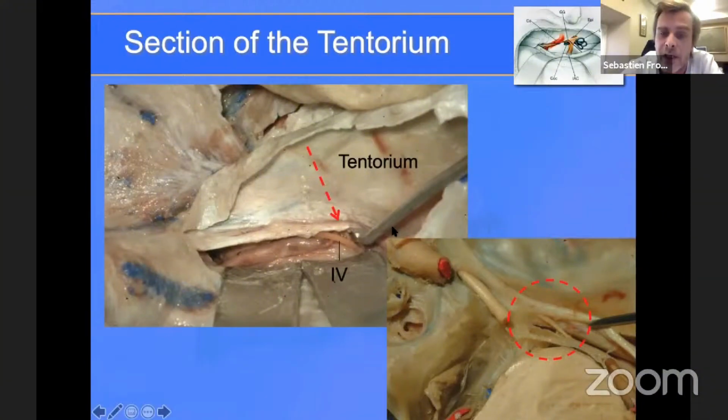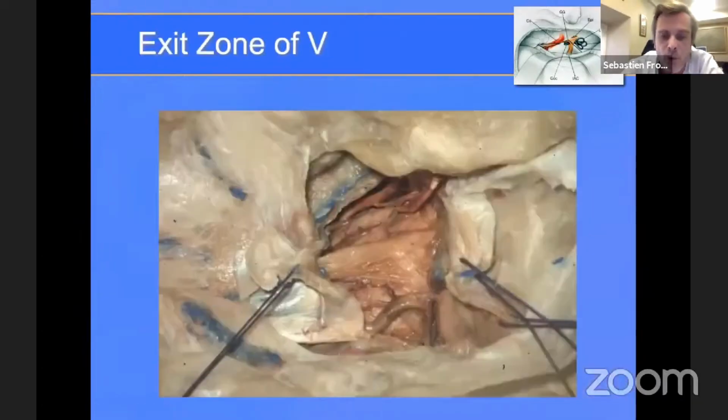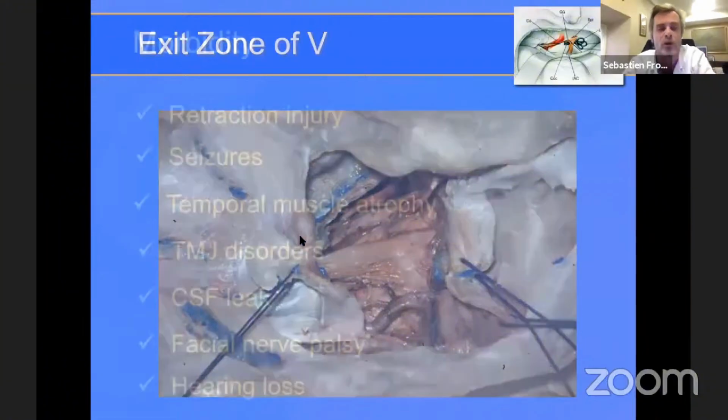If you go too posteriorly, you may not find the free edge because you will cut behind. And at the end, this is the exposure. You have the exit zone of 5, and you understand here that if you want to open Meckel's cave, you just have to keep incising here, making an incision along V3 to open Meckel's cave like a book.